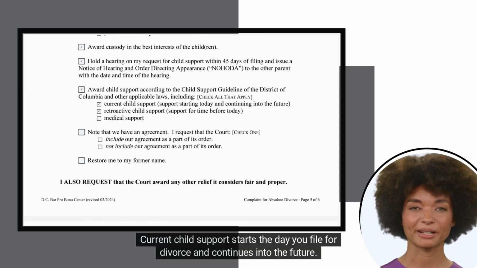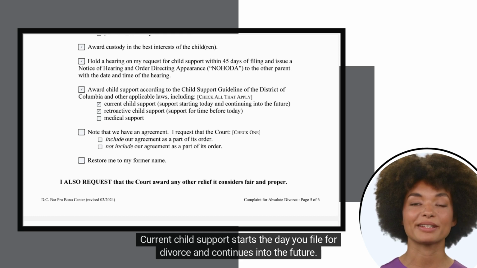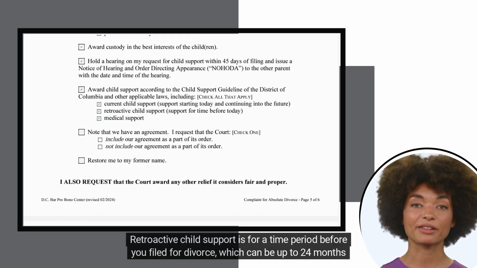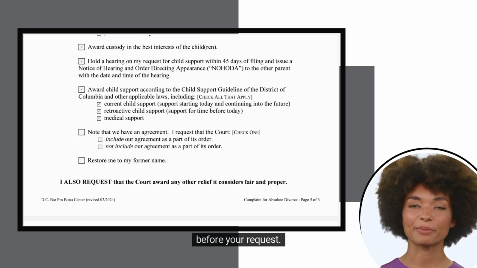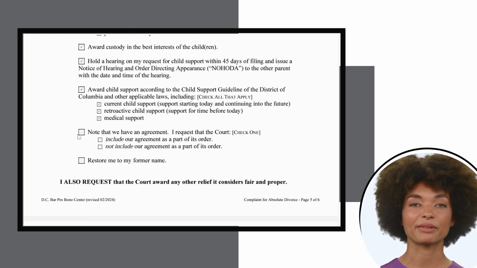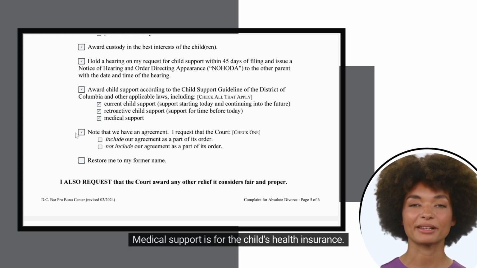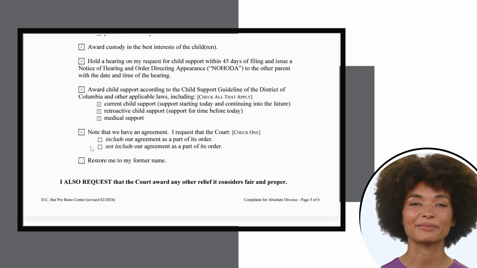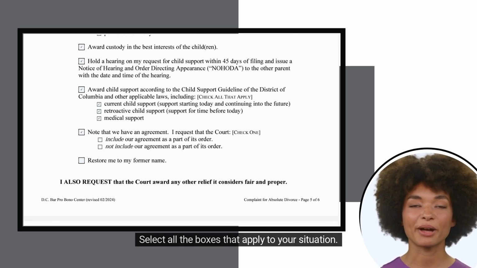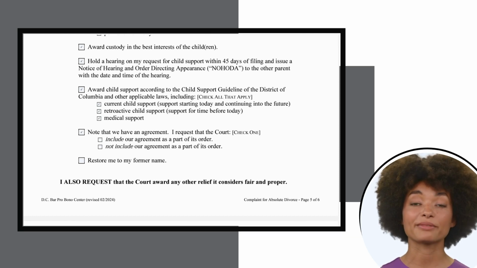Current child support starts the day you file for divorce and continues into the future. Retroactive child support is for a time period before you filed for divorce, which can be up to 24 months before your request. Medical support is for the child's health insurance. You can select more than one box. Select all the boxes that apply to your situation.